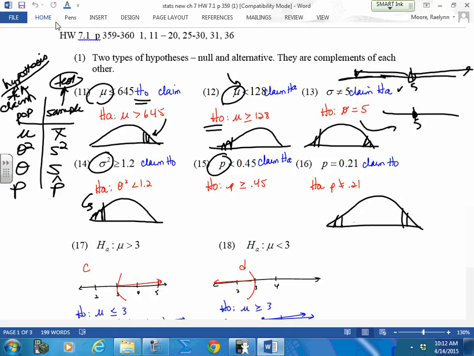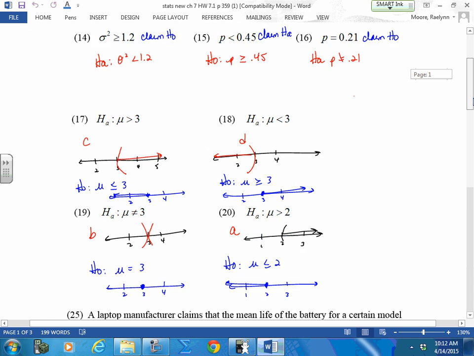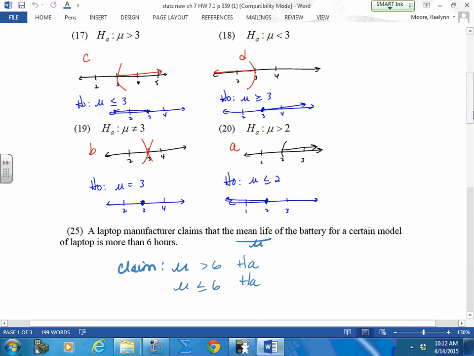Okay. I like the number line part because the number line may help you see where you're going with this. I didn't put circles, I put the other thing, so I'll just help you out here. On 17, the mean is greater than 3. It matches up to this one, where it's an open circle and greater than.